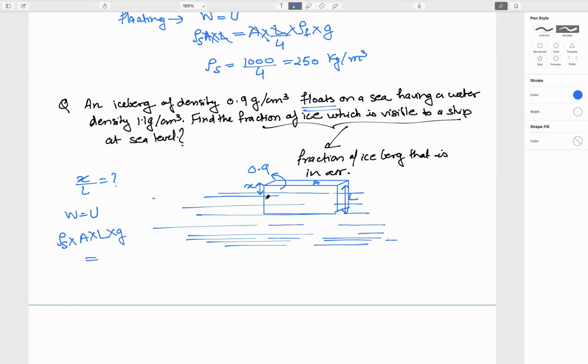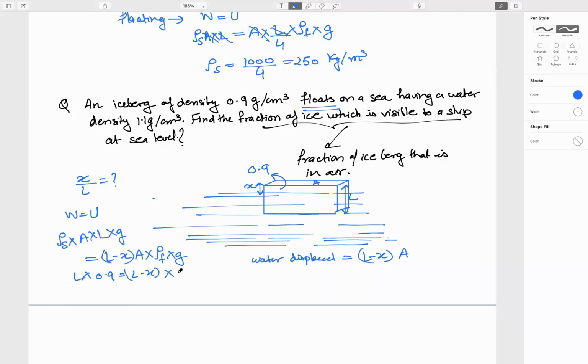And upthrust is the weight displaced by it. So what is the weight displaced by this solid? It is L minus X into A. So the water displaced here is L minus X into A into rho of fluid into G. From here, L into 0.9 equals L minus X into rho of fluid.